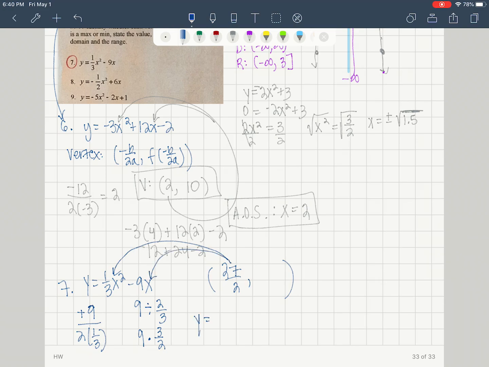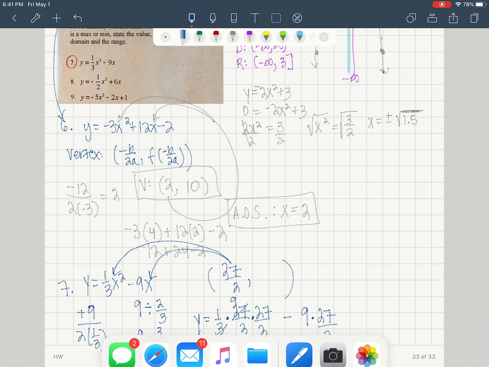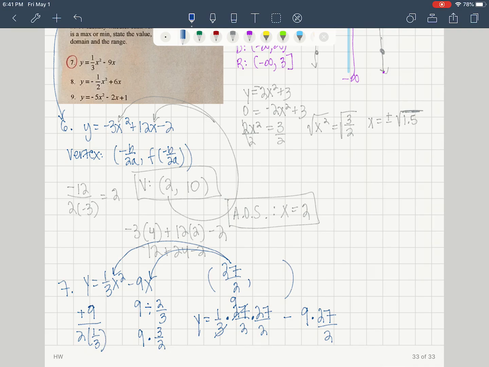I'm going to put 27 over 2 back in for x. So I've got y equals 1/3 times 27 over 2 squared minus 9 times 27 over 2. I don't have my calculator, so I'm just going to do that. So I've got 9 times 27 over 4. So 9 times 27. This one's a lot of work without a calculator. I hope you're using a calculator.